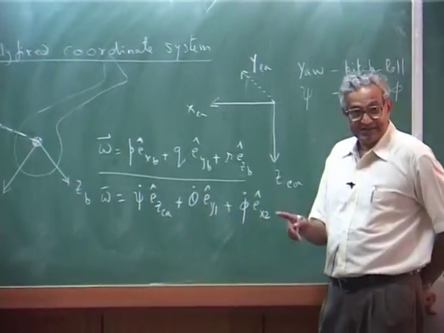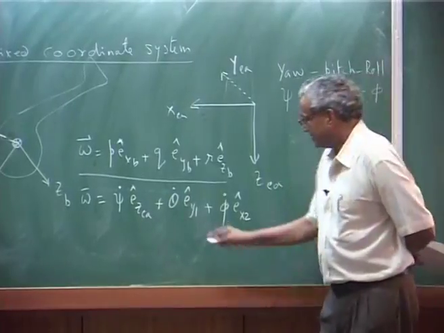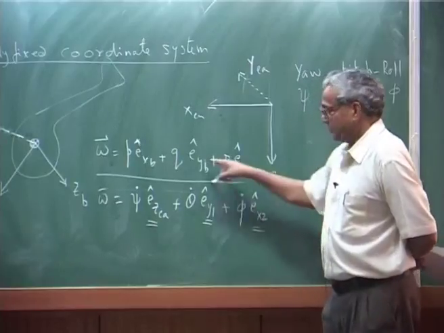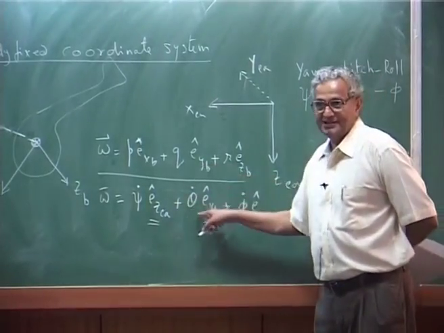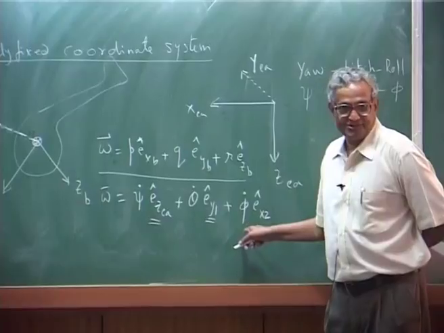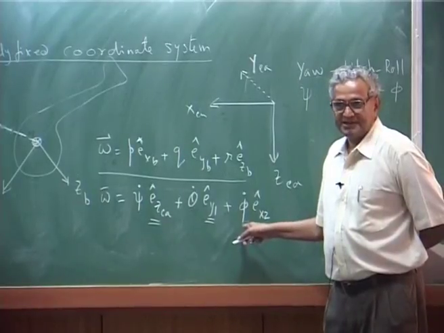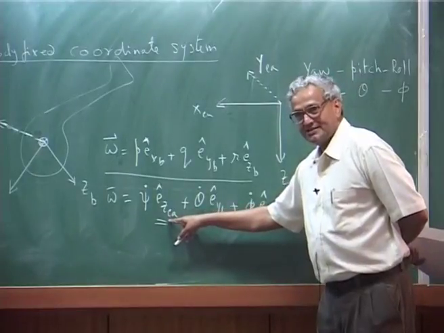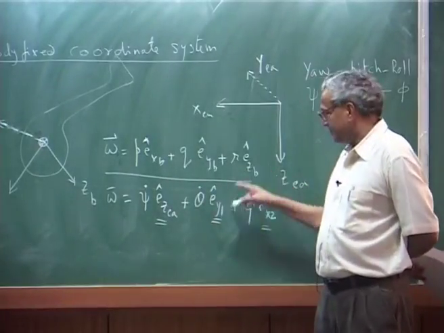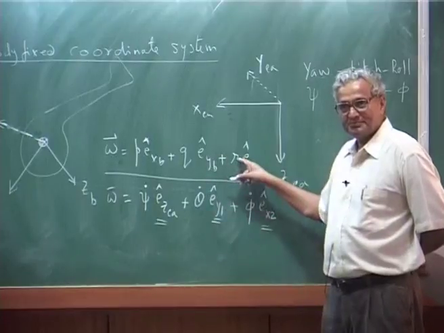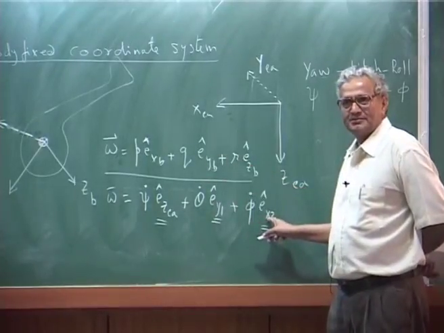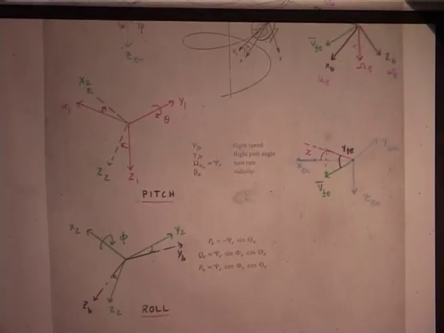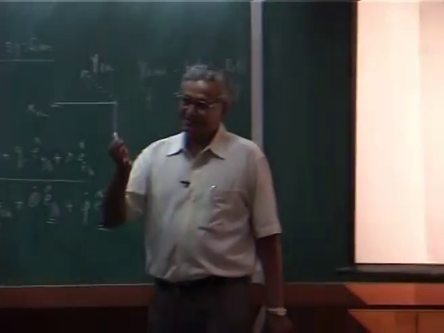Now, what you do is you make a transformation of each one of them to body axis, because you will find each one is an intermediate position. You can get the transformation from z earth to xb, yb, zb. y1 also you can transform, but phi dot is actually along the body, because that is x2, which will be the body axis.